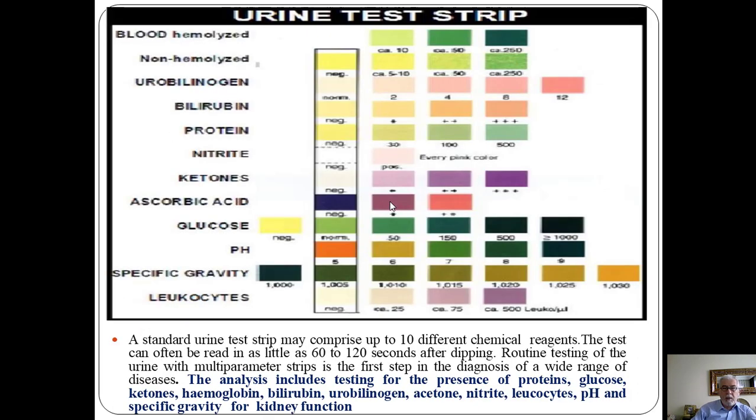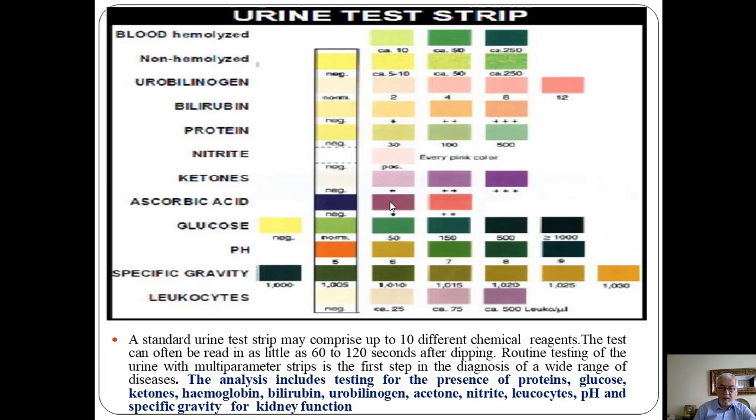And the last one is a very practical way to understand kidney function. We say urine test strip. A standard urine test strip may comprise up to ten different chemical reagents. It is so important.